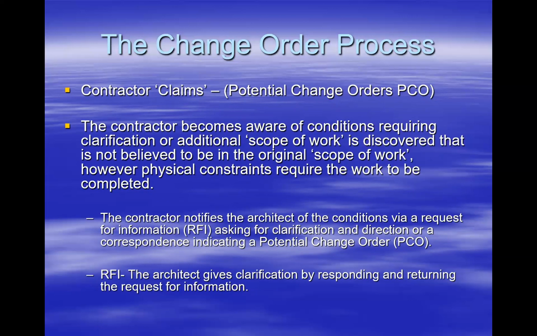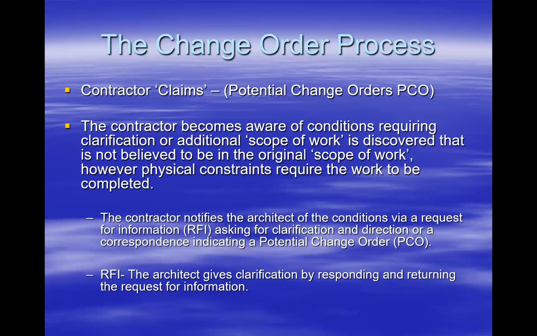So basically, when we generate these potential change orders, it's simply because we think that we're going to make a claim, because we think that we're doing work outside of the original scope of work, and with that, we want to be compensated. The way that would work is the contractor notifies the architect of the conditions via request for information. Oftentimes we come up with something and it's, okay, this isn't working.